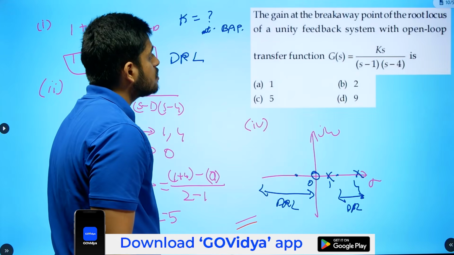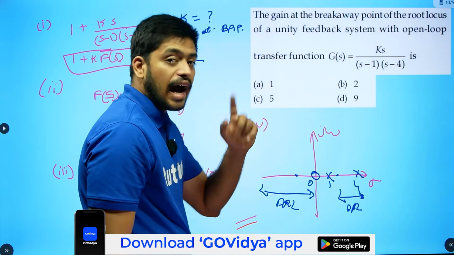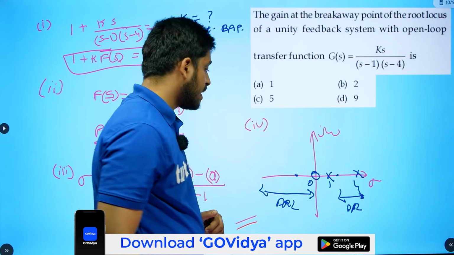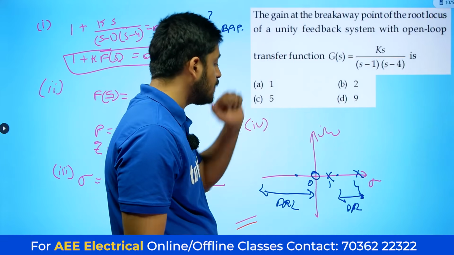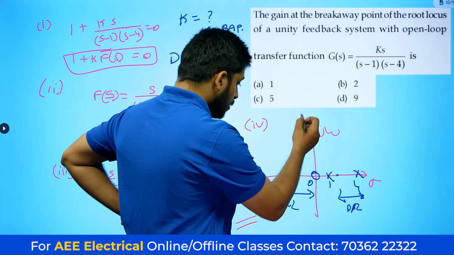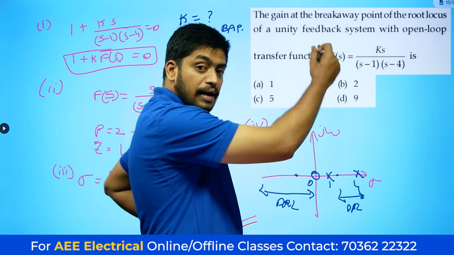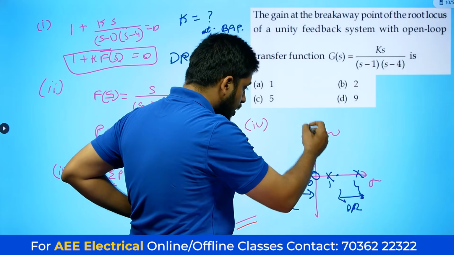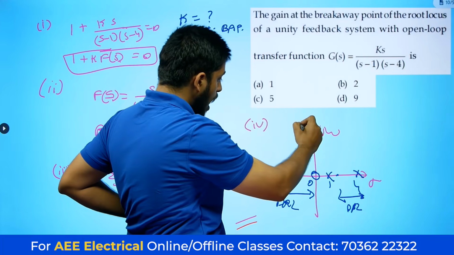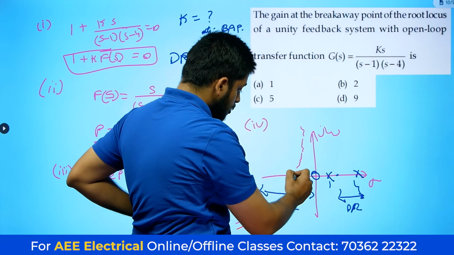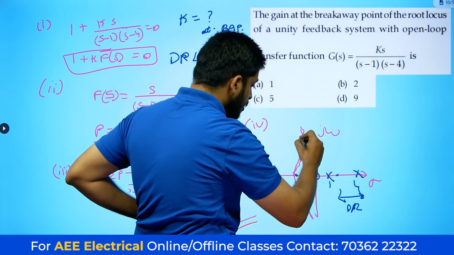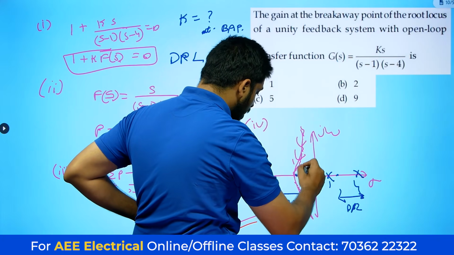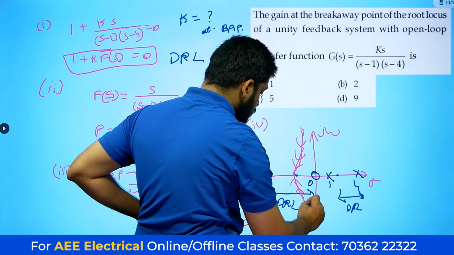As per the options, we need to see which is the breakaway point. Both points are correct, but we need to see which is the breakaway point. From some infinity pole, I am going to get this breakpoint. My root locus would be traveling in this way.